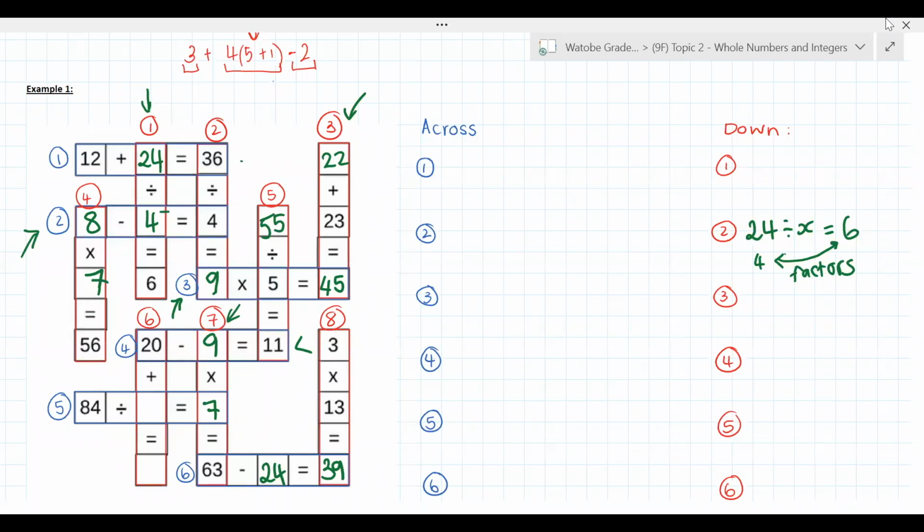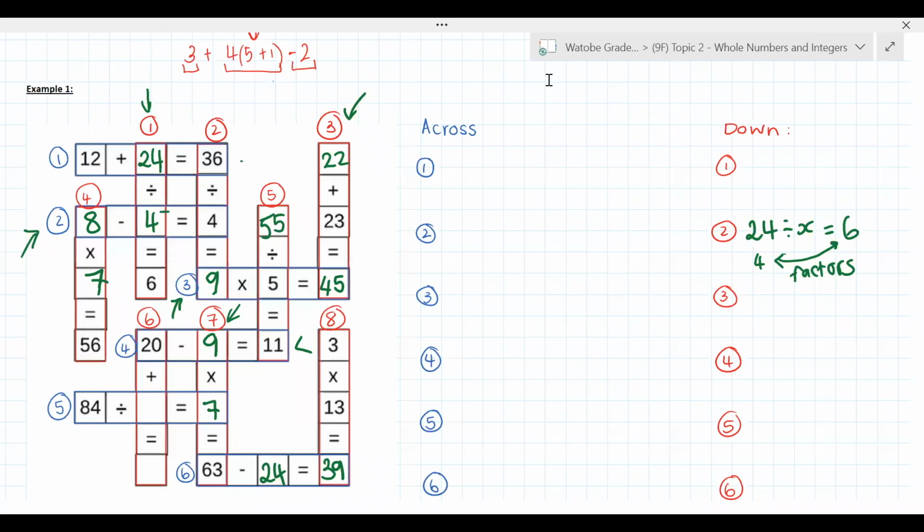Okay, who have I not picked on? Siyabonga, which one do you want to give me? Siyabonga? Okay, we'll try to figure that one out.